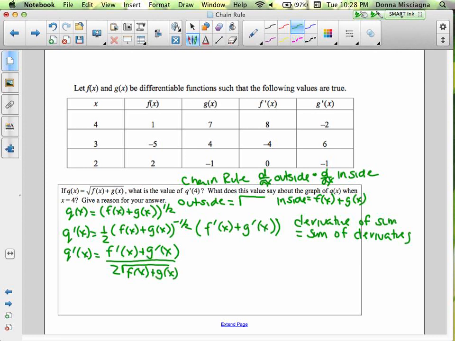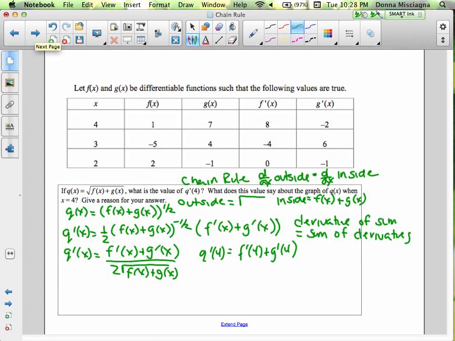All right, so now we want to evaluate for x equals 4. So q prime of 4 is f prime of 4 plus g prime of 4. By the way, I dropped the parentheses because now the fraction bar is serving as a grouping symbol.